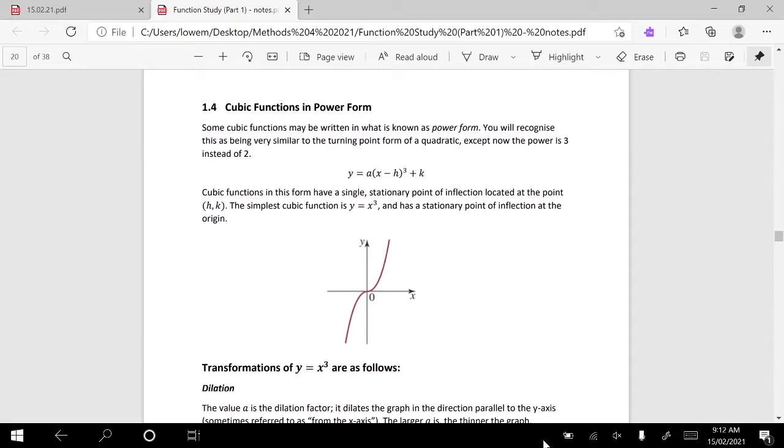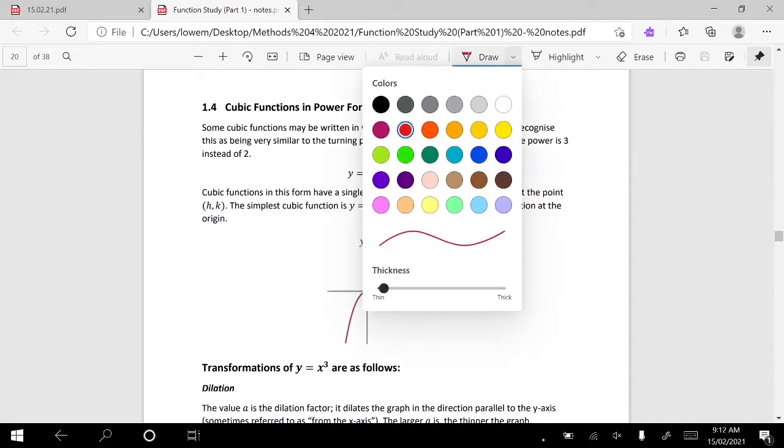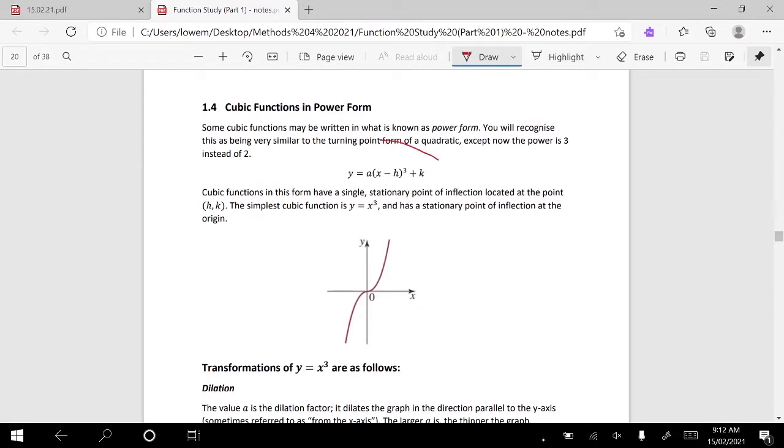But sometimes cubic functions can be written in what's called power form, which is this one that we have here. Hopefully you'll notice that that looks a lot like turning point form for a quadratic, because it is. We could also say turning point form for a quadratic is power form as well.